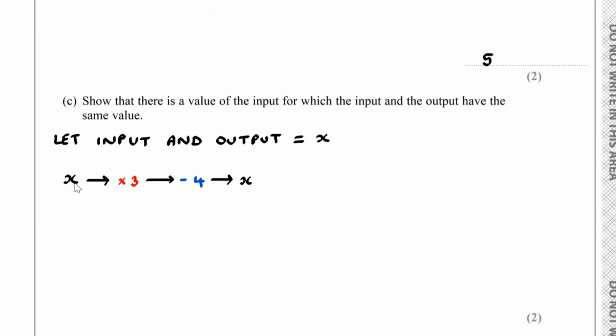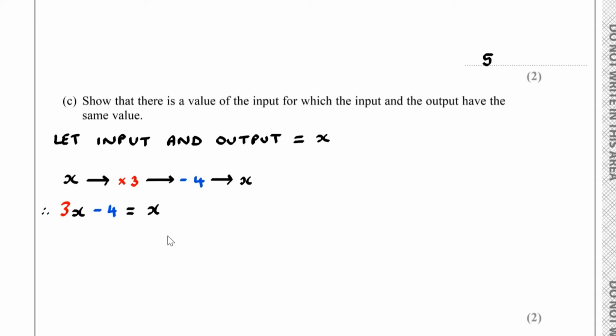So if I times x by 3, I would get 3x. And then I subtract 4 from this, and the result of this is x.